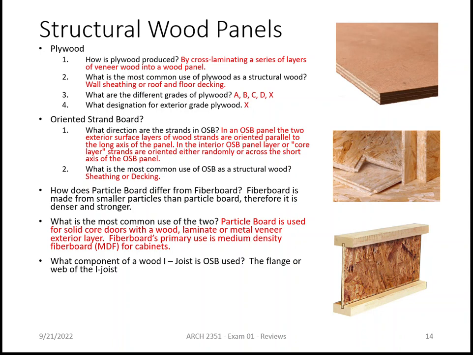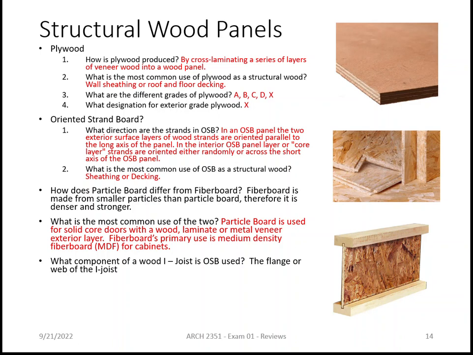They cross-laminate it. Okay, and then they cut another piece of veneer, and it's turned 90 degrees to the next one. And they keep doing that till they have the appropriate number of layers, okay, to get the thickness they want.